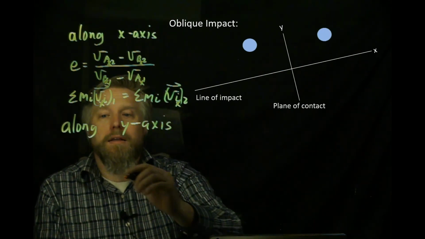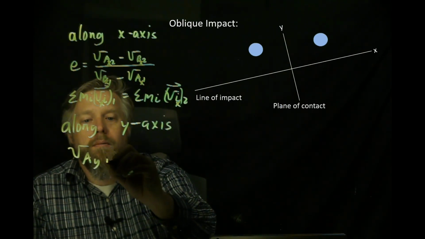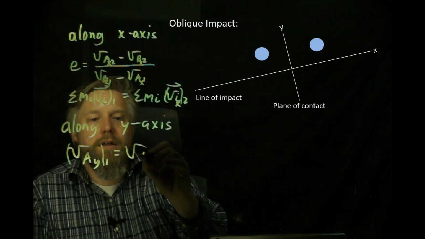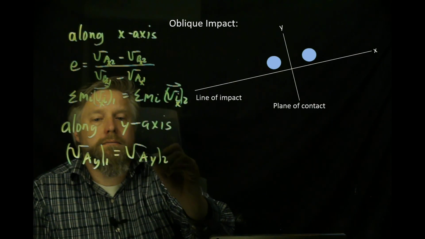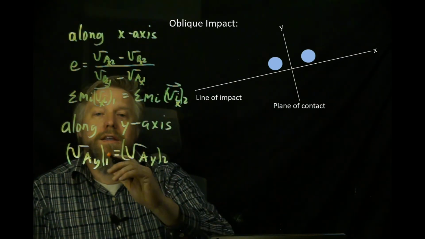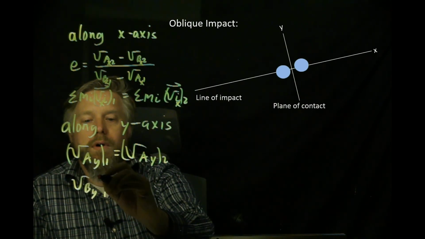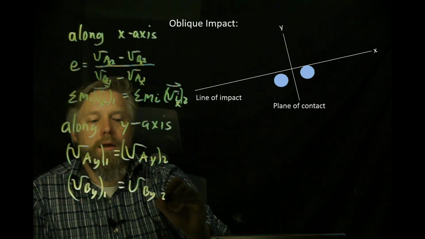So the velocity of one particle in the y direction before, which is generally known, will be equal to the velocity of that same particle after. And same exact thing for the second particle: the velocity of B in y before equals the velocity of B in y after.